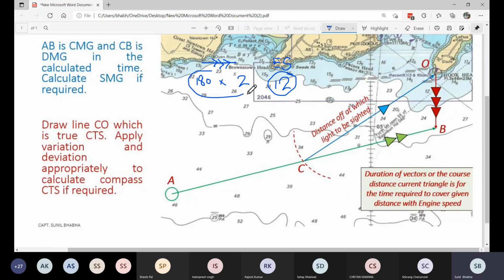So set and rate of the current is also given, 180 into 2 knots. The engine speed is also given as 12 miles. And they have told us that this Hook Head lighthouse is to be sighted right ahead when it is 18 miles off. So is the question clear now, beta?